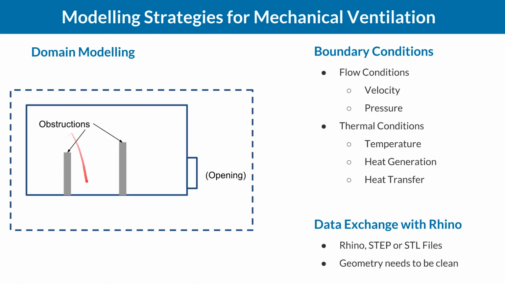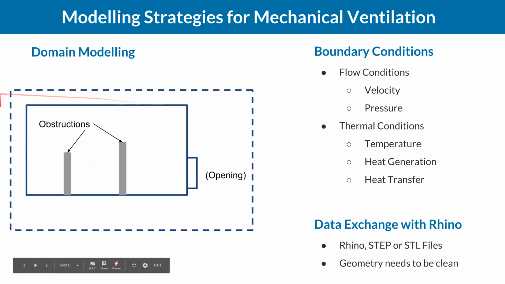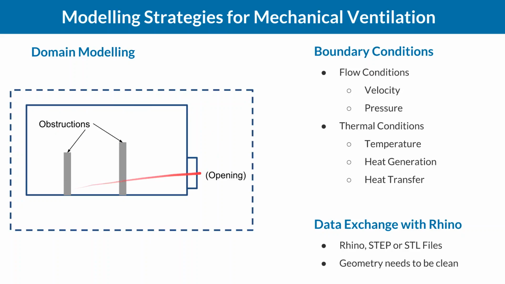We have some obstructions inside, and in some optional cases, we can also have openings. If we do such a simulation, we are basically not considering the effect of the external flow and the interaction between building aerodynamics and natural ventilation. And for some cases, this kind of simulation is everything you need.